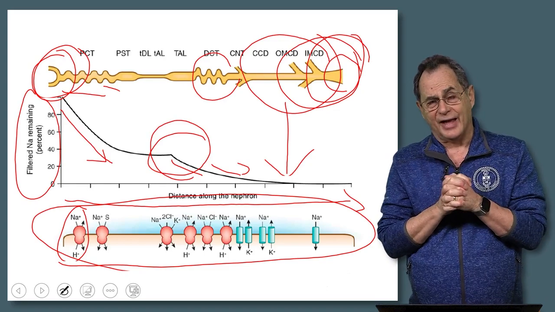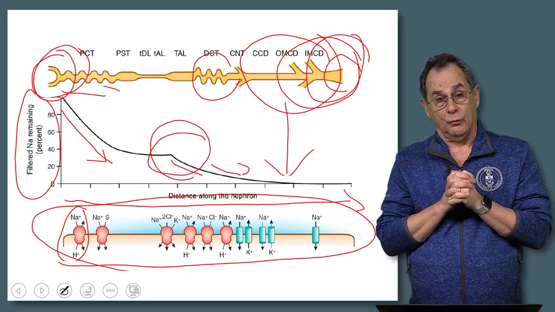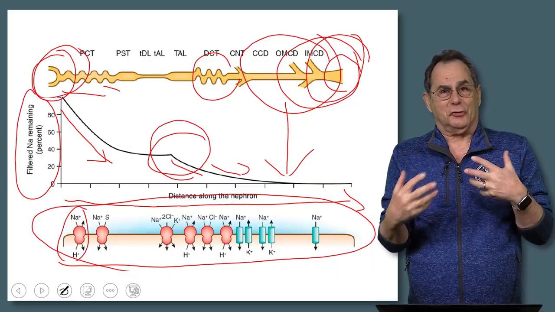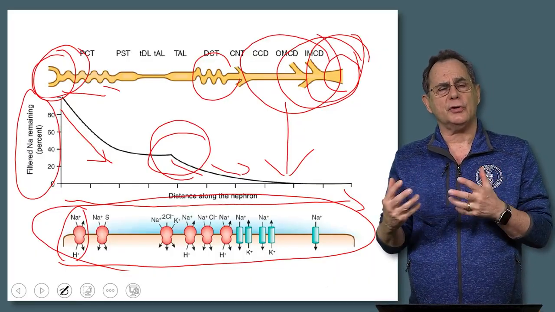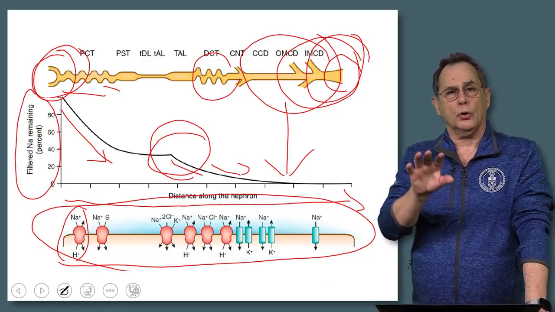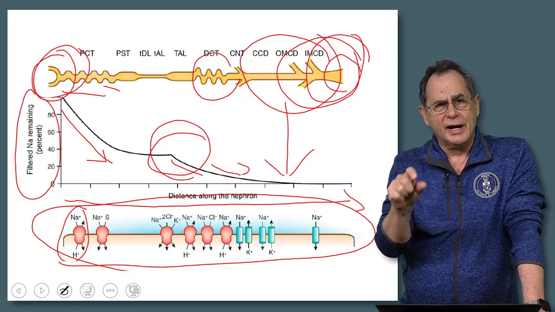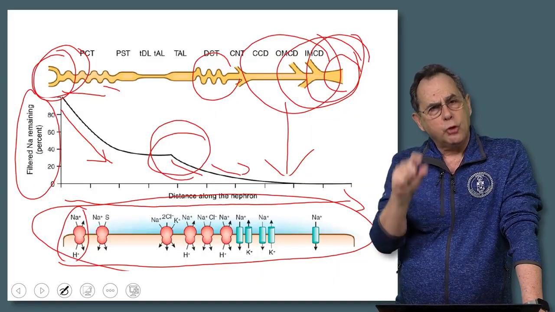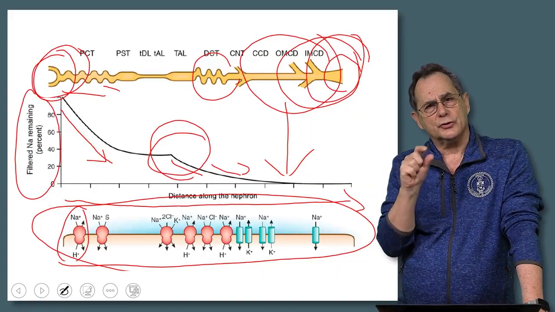We're going to come back to that in a lecture down the road. And then we have the sodium, in this case S is for sugar, but we have a whole series of cotransporters. Again, these cotransporters utilize the sodium gradient between the sodium concentration in the lumen and the low intracellular sodium concentration.